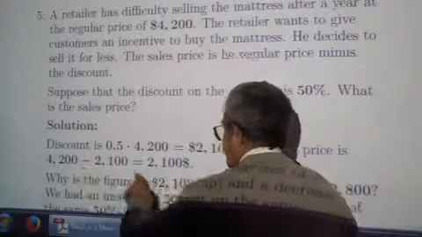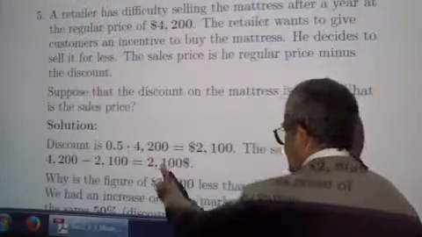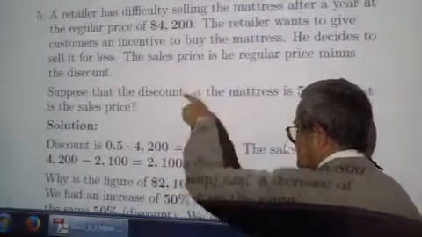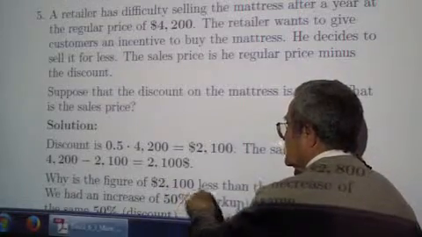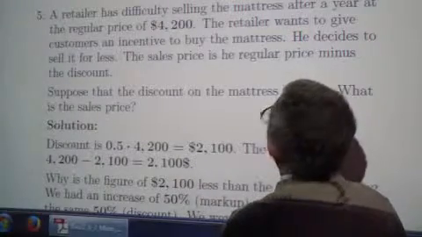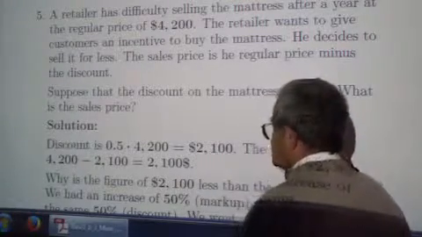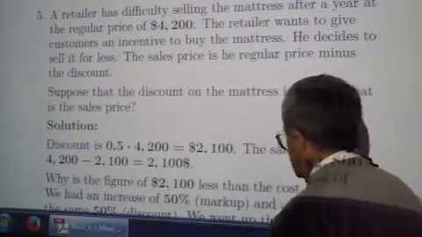He discounts by that, so he's still left with $2,100. And again, why is that figure lower? We went up 50%, we went down 50%. Why is 2,100 less than the original, 2,800? So he has to eat about $700 here.